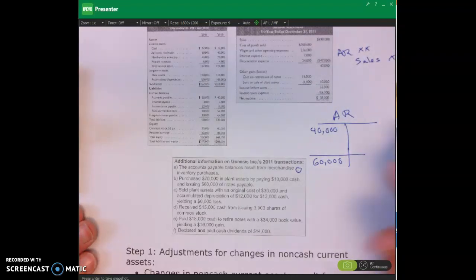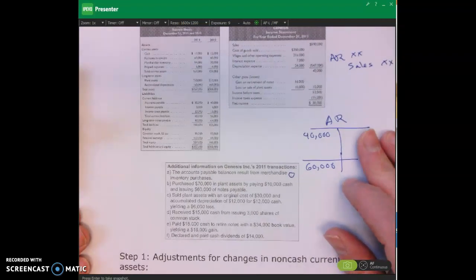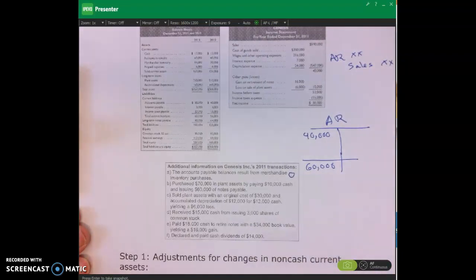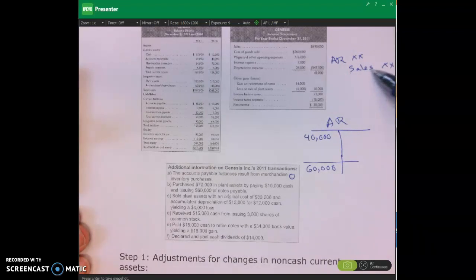That is our journal entry. So if I think about that in terms of my T accounts, I'm going to have a debit to accounts receivable equal to the amount of credit sales that I have. So let's assume that all these sales are on credit. $590,000 in sales. That's what that's telling you.